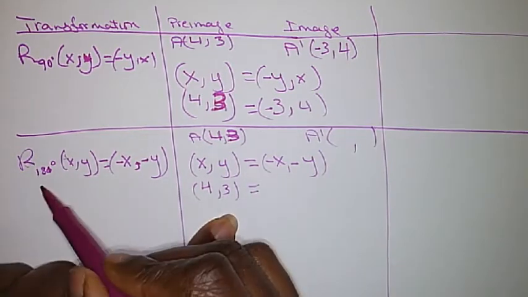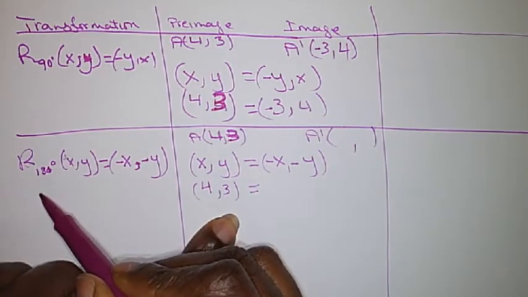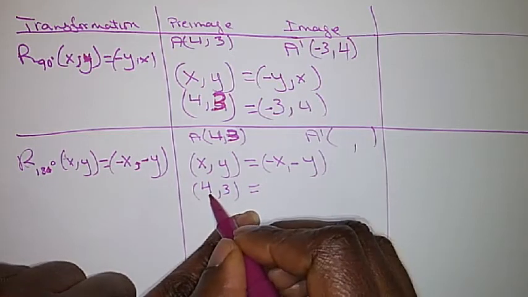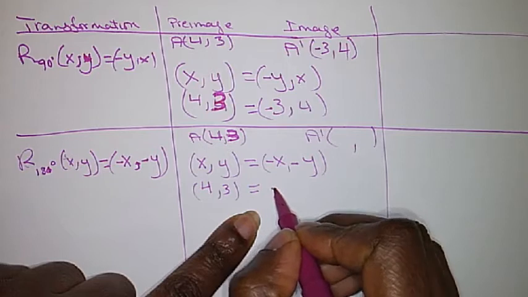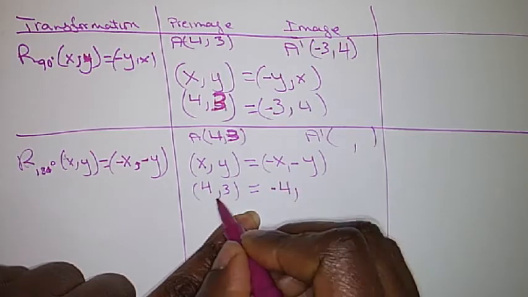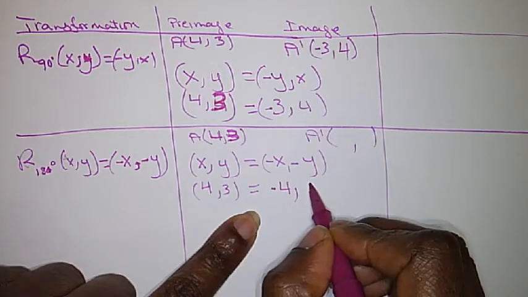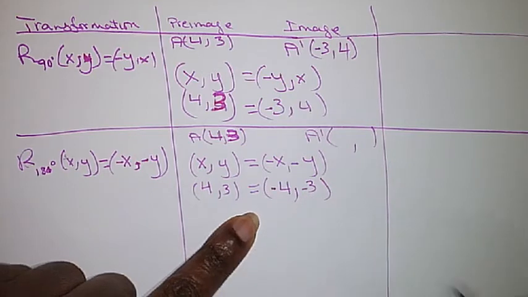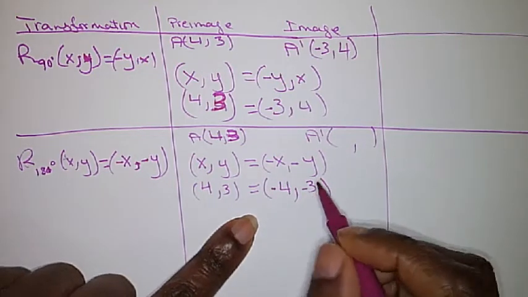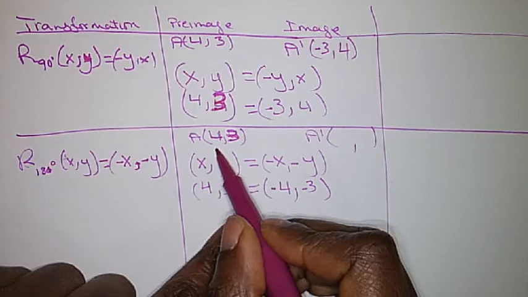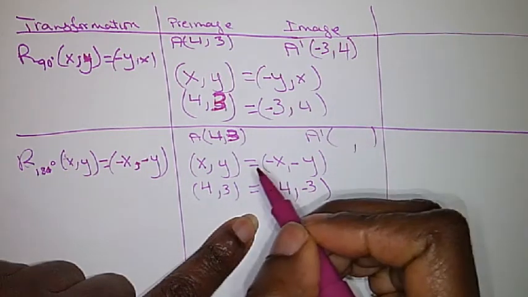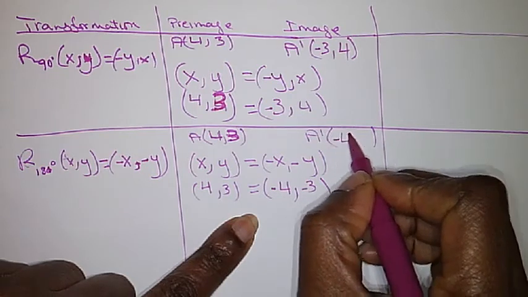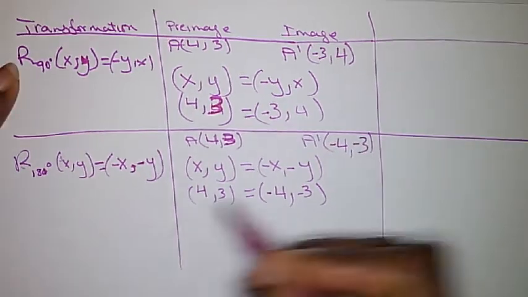After the rotation of 180 degrees, my x value becomes negative and my y value becomes negative. So the image of the pre-image 4, 3 is negative 4, negative 3.